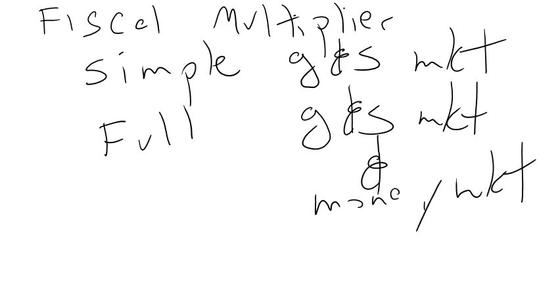In other words, the full fiscal multiplier includes the influence of interest rates, and interest rates have a tendency to lower the multiplier. Okay, that's it for now.